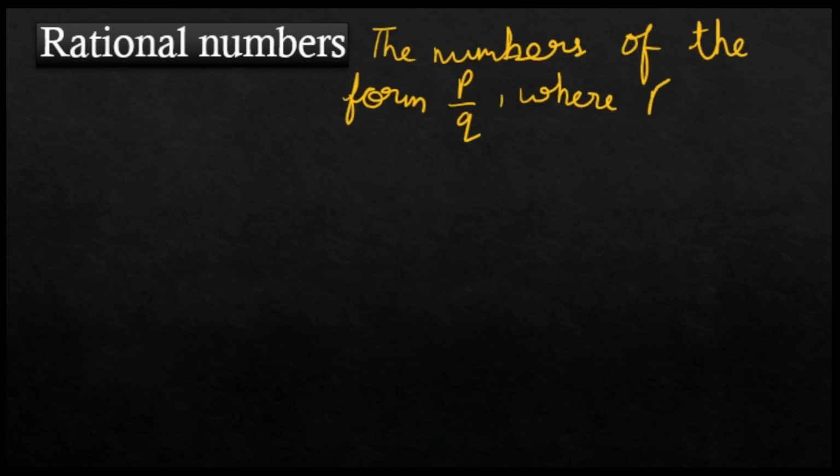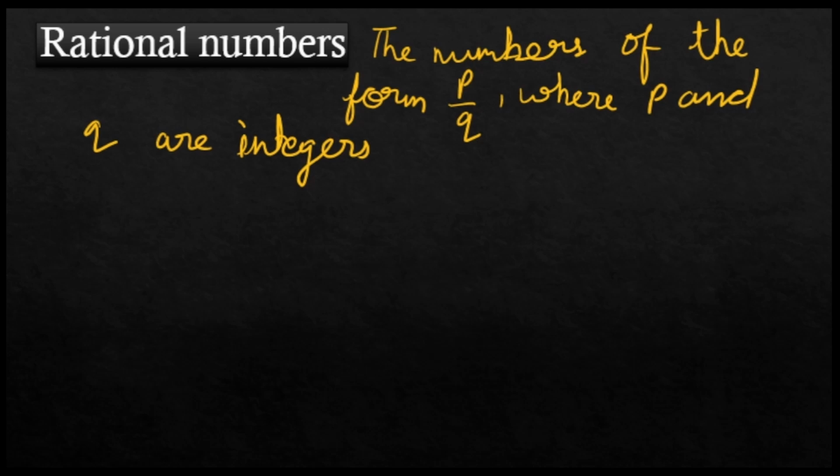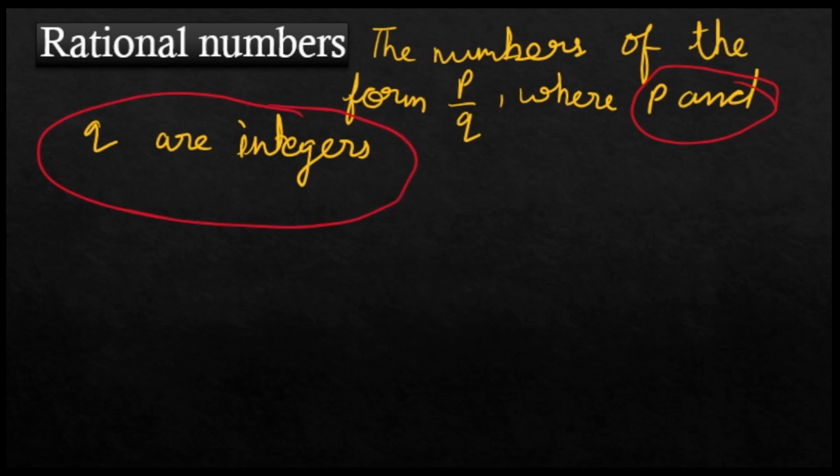In definition, the numbers of the form p by q, where p and q are integers. We have talked about examples of this form like 1 by 2, 3 by 4. We can easily say here p and q are integers. This condition is fulfilled by the examples.